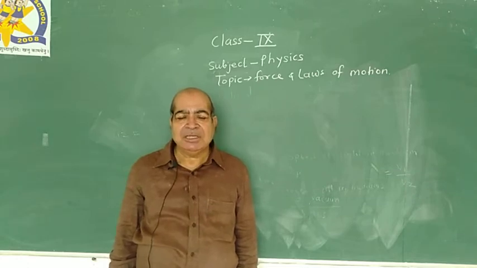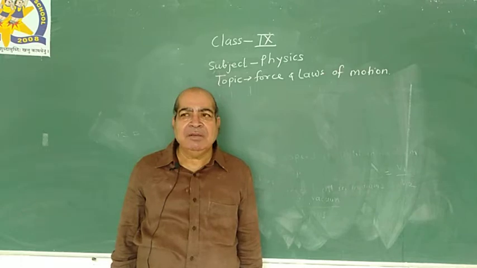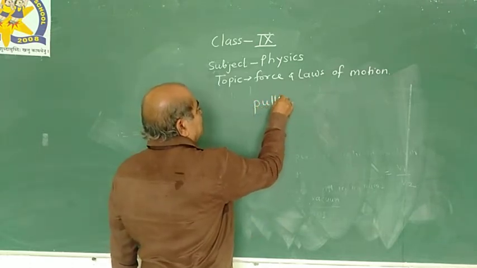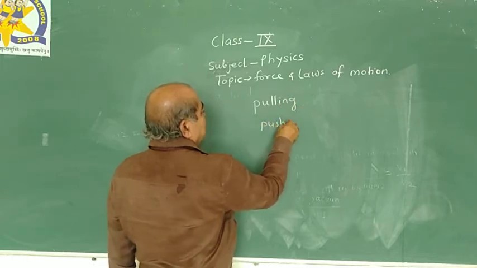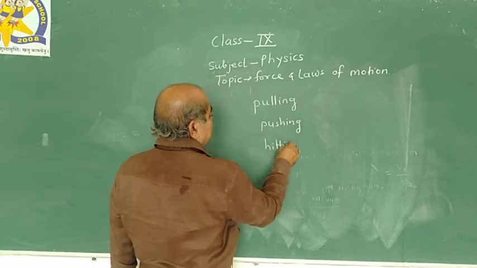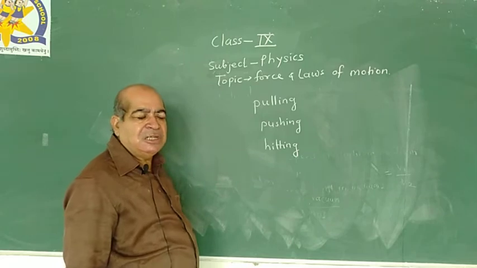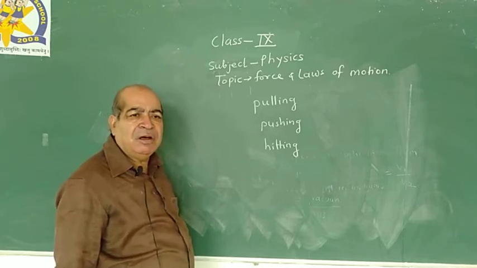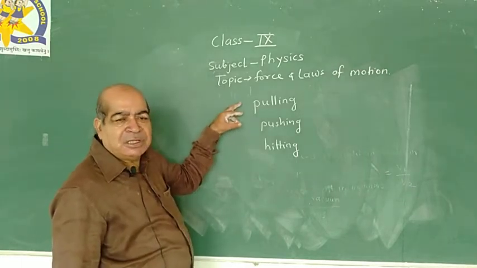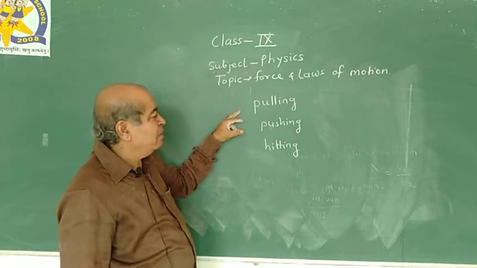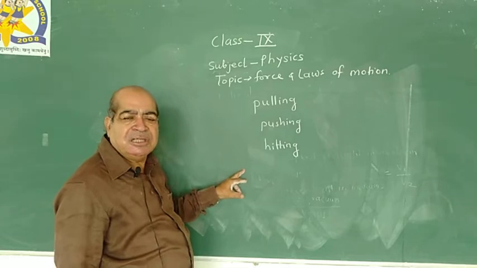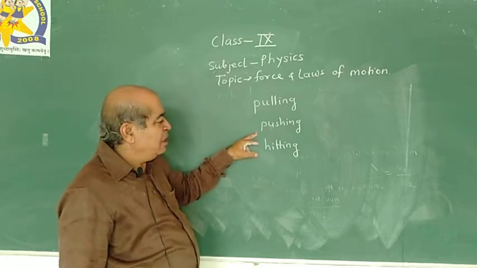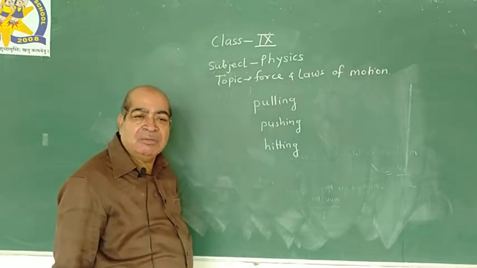There are three processes by which the state of the object can be changed: first pulling, second pushing, and third hitting. These change the state of rest or the state of uniform motion.